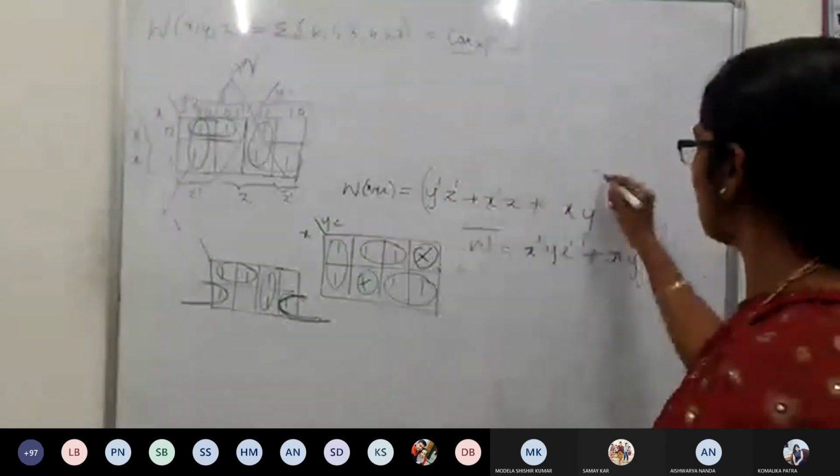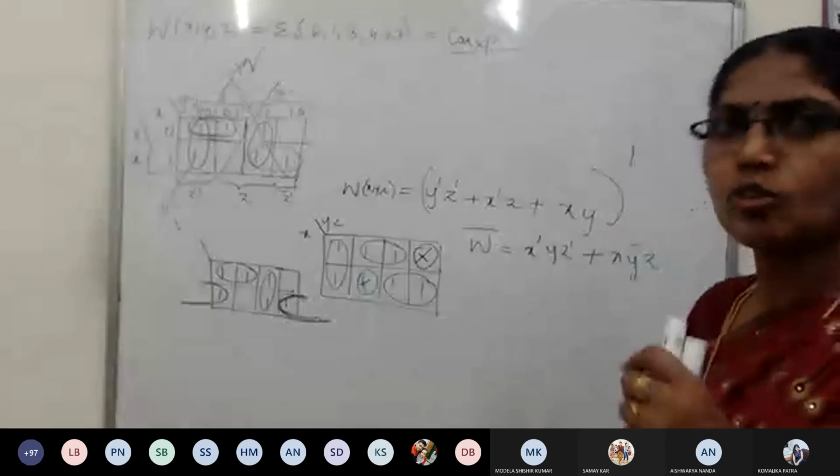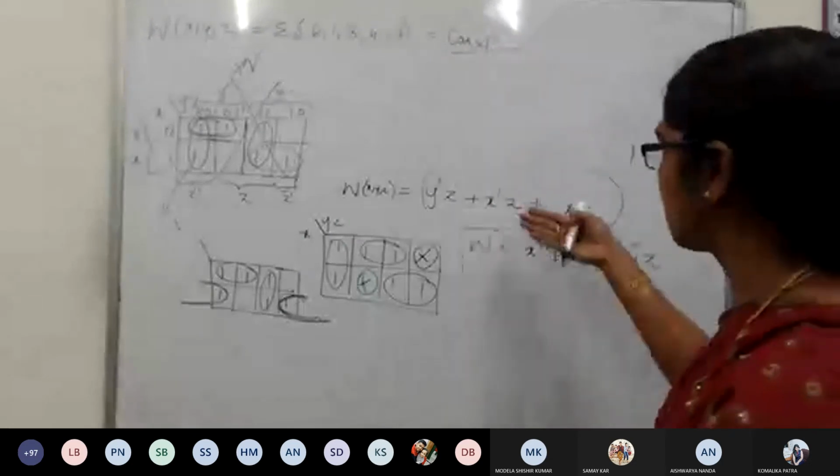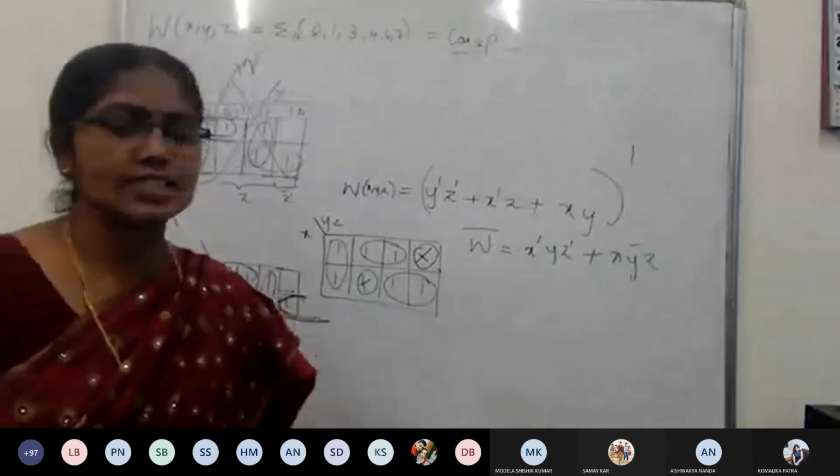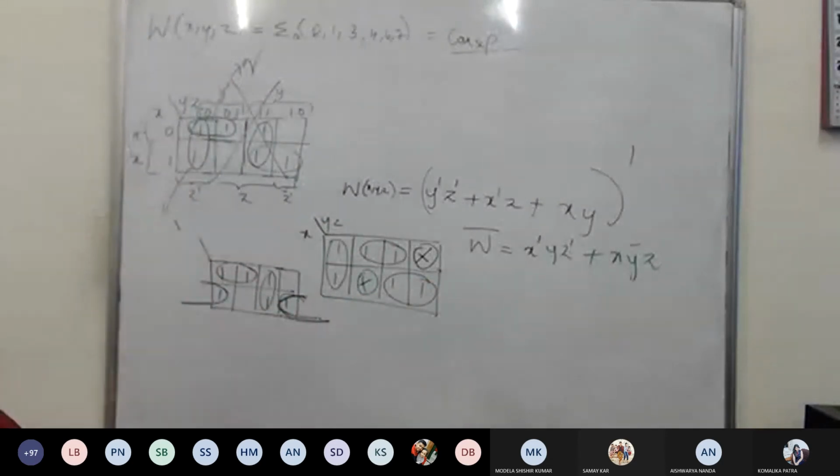Otherwise, if you do the whole complement here, that also you can do. From here you can start or from here you can start. So if you do, what will happen? Are we lining up in this? Cross verify. Please cross verify. And whoever has completed, please post it.